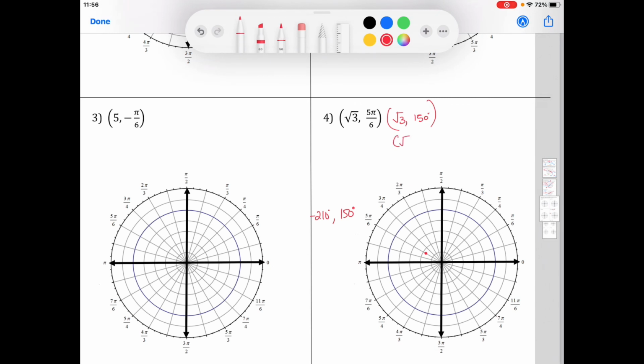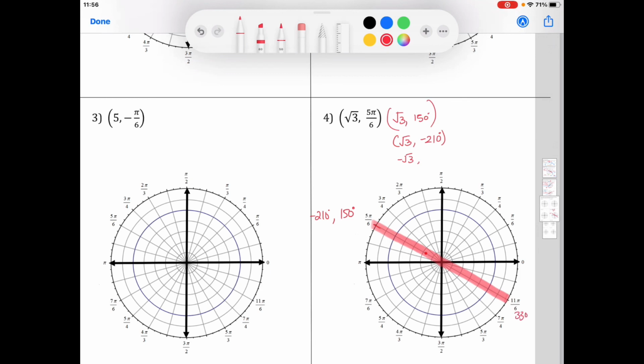So this is the same thing as writing root 3 comma negative 210 degrees, right? Now if I make my r negative, where would I end? What angle? If you're guessing 11 pi over 6 or 330 degrees, you are absolutely right. So it would be negative root 3.